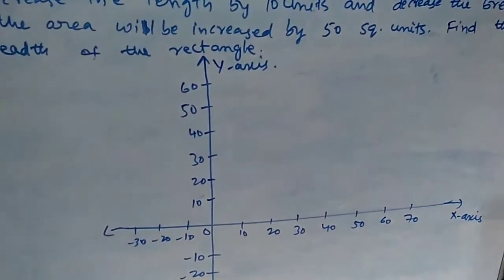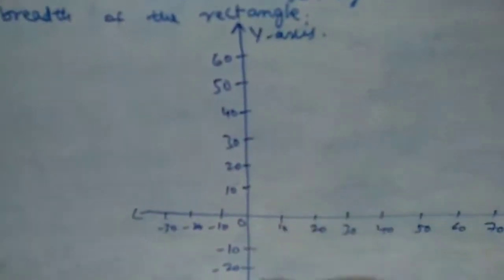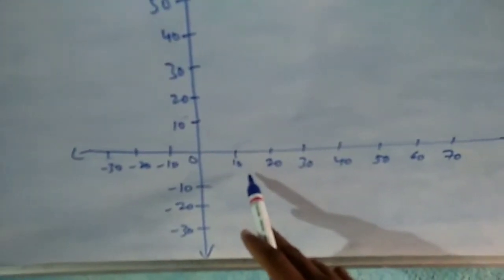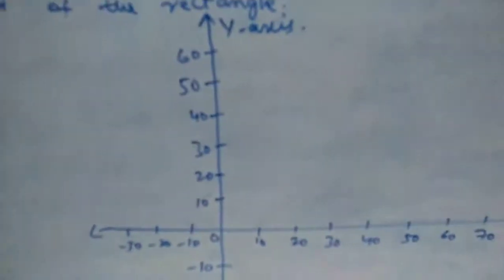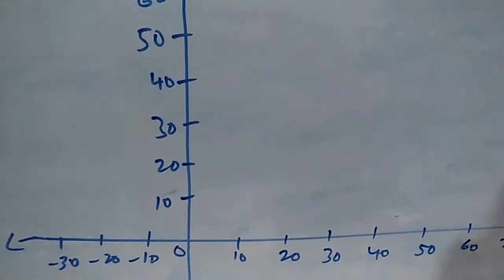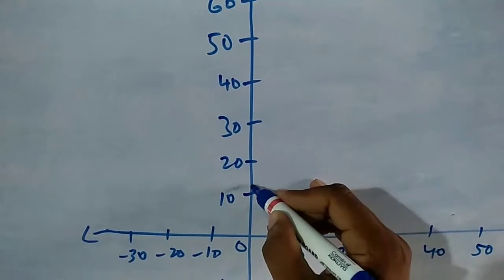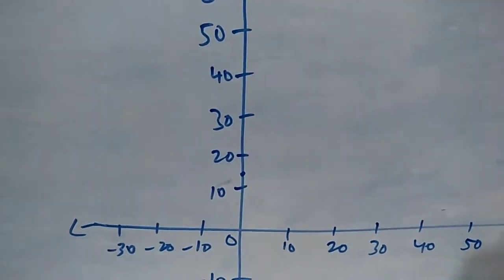So students, now we are drawing the graph. It is x-axis, it is y-axis. I took units as on x-axis 10, 20, 30, 40 like this. On y-axis 10, 20, 30, 40, 50 like this. Okay, so for first equation points are 0 comma 14, so it is 0, it is 10, 11, 12, 13, 14, so here coming 0 comma 14.